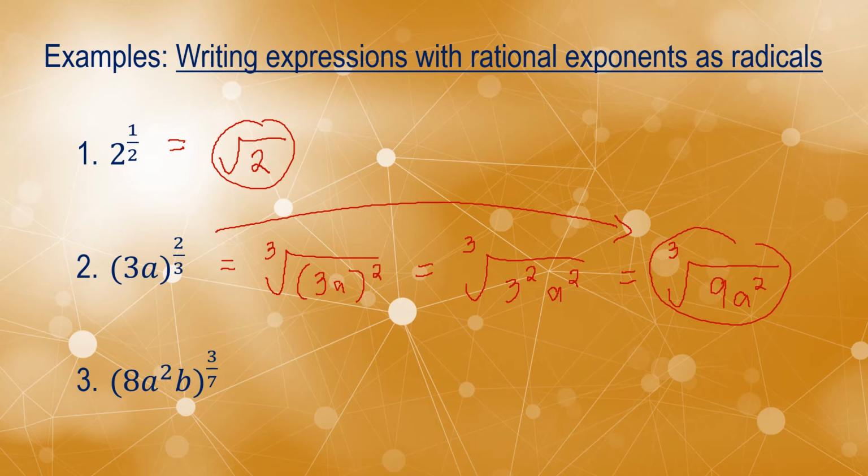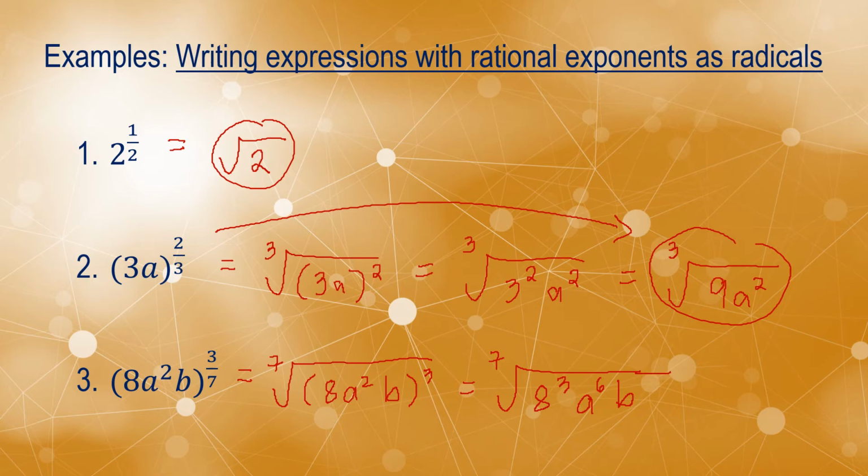Let's have another example. We have 8a squared b quantity raised to 3/7. In radical form, this is written as the 7th root of 8a squared b quantity raised to the third power. Simplifying the radicand, we have 8 raised to the third power, a raised to 2 times 3 is 6, b raised to 1 times 3 is 3.